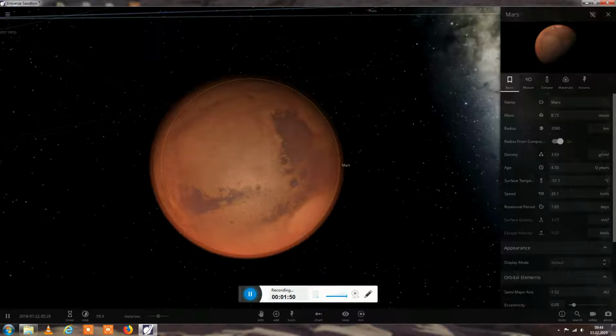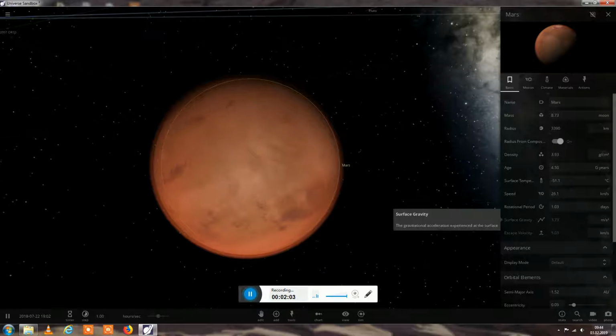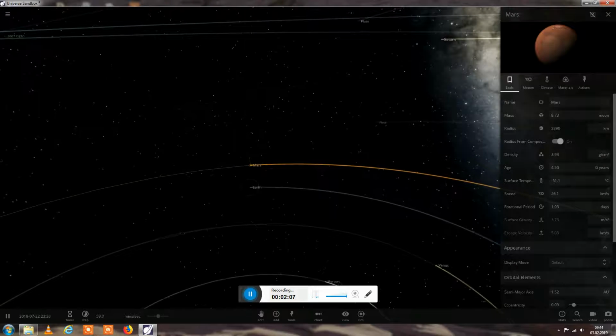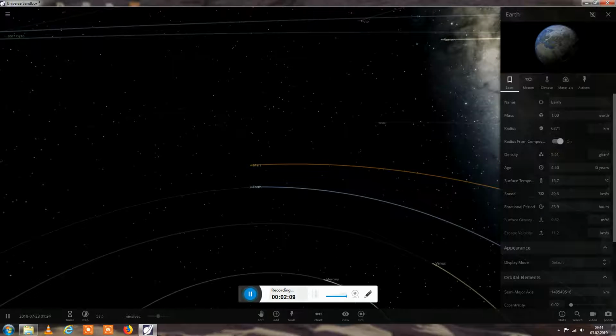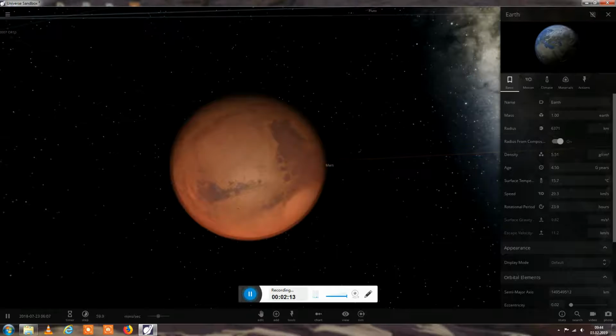And because of its small size, it has a very low gravity. I mean, its escape velocity is basically 5 kilometers per second versus 11.2 for the Earth. So it has a very low gravitational field.